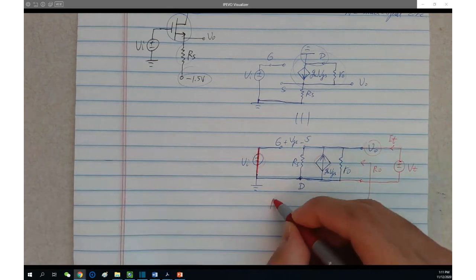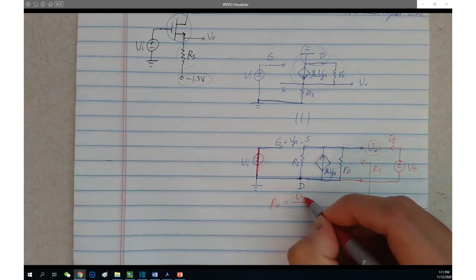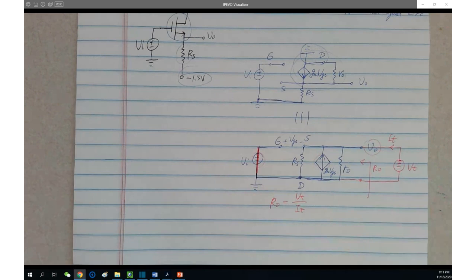And being very clear, R0 is a ratio between two unknowns, Vt over It. And also being very clear that in terms of algebra, we're not going to be able to find Vt and It individually.